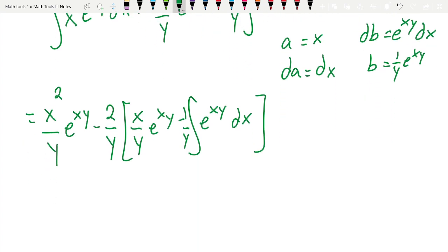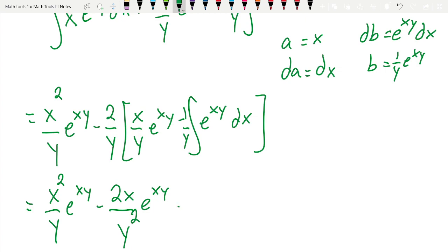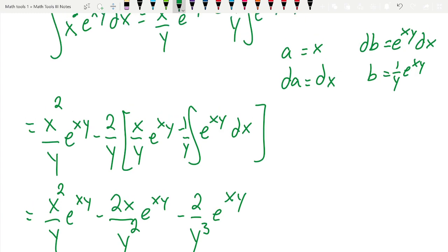So then finally, this is going to be x squared over y e to the xy minus 2, this 2y gets multiplied by everything, 2x over y squared e to the xy minus 2 over y. When we integrate e to the xy, it's going to be 1 over y e to the xy. So this is going to be 2 over y cubed with all of that. So I really hope I didn't make a mistake here, because there's a lot that can go wrong here, of course.